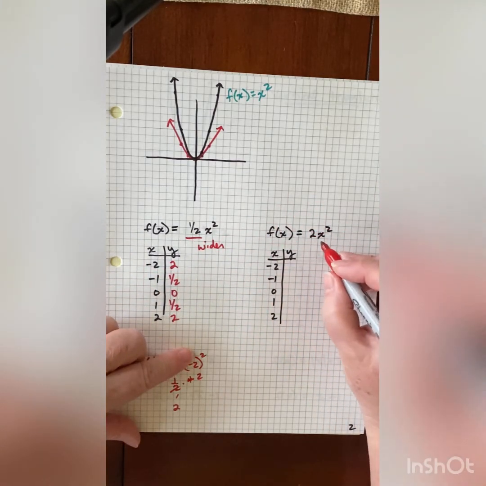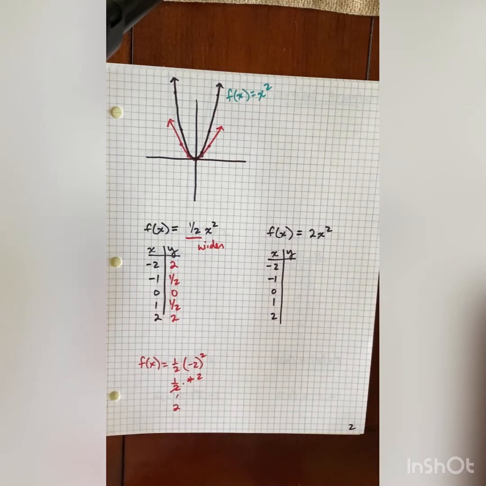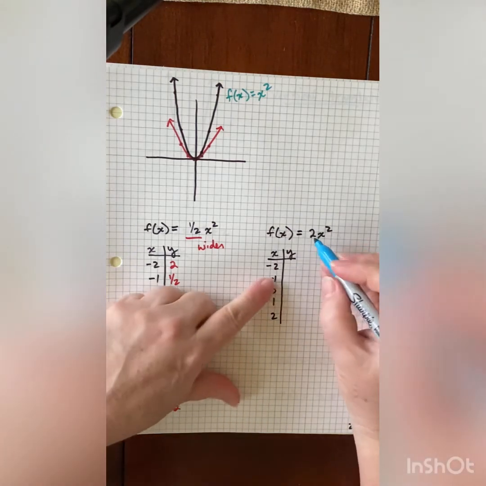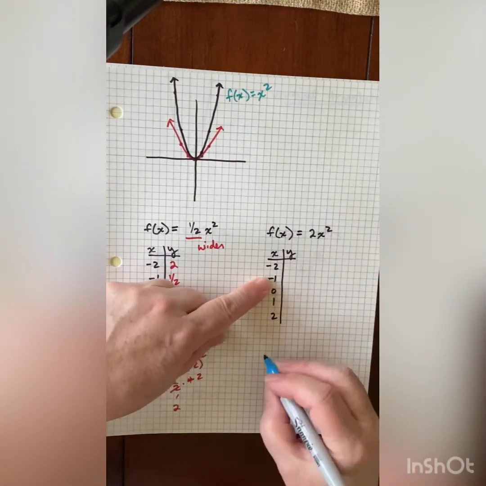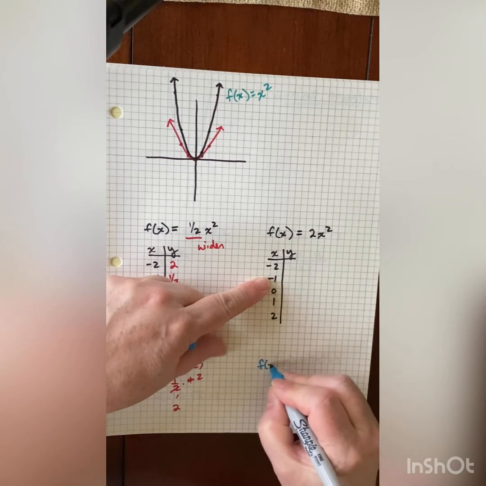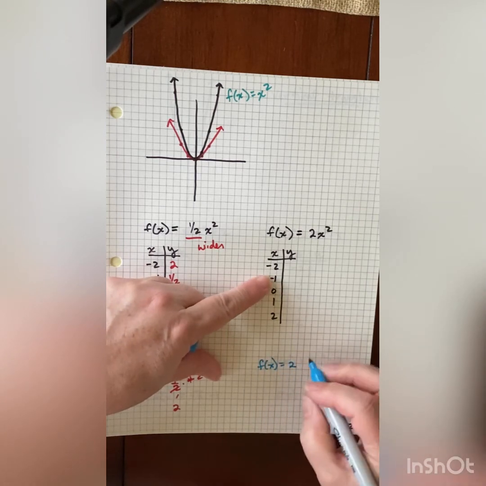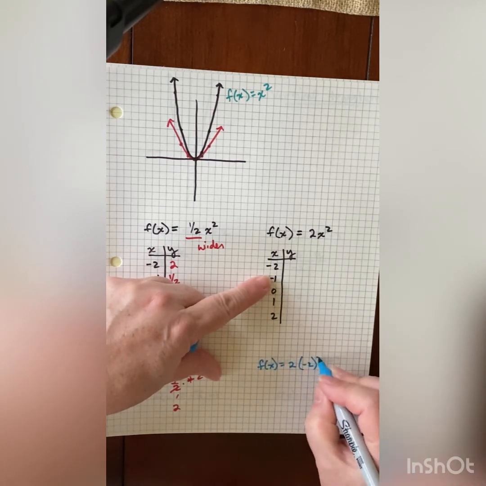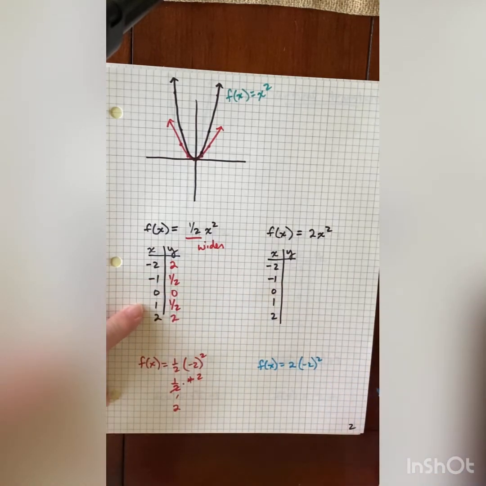Again, let's see what happens when we put a 2 in there. I'm going to change colors here. Okay, so I put a 2 up front there. So now I have an f of x equals 2 times -2 squared. Okay, again, we have to follow the order of operations and do this part here first.